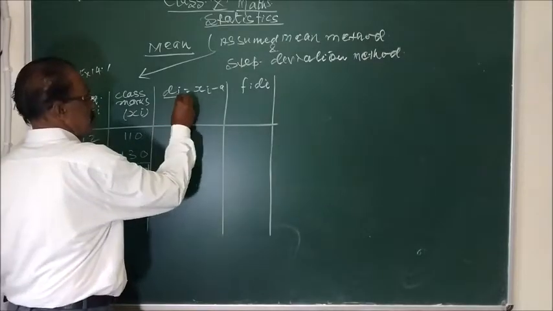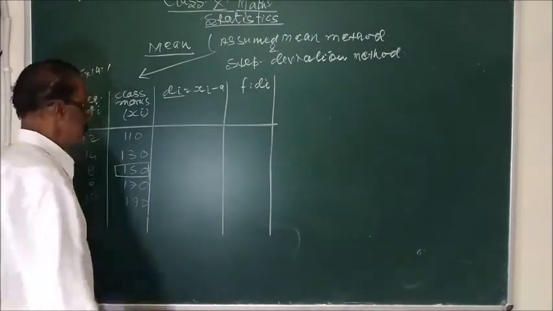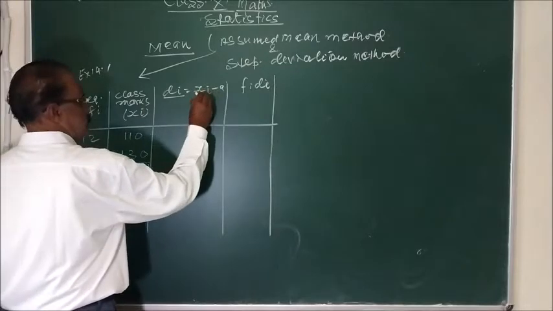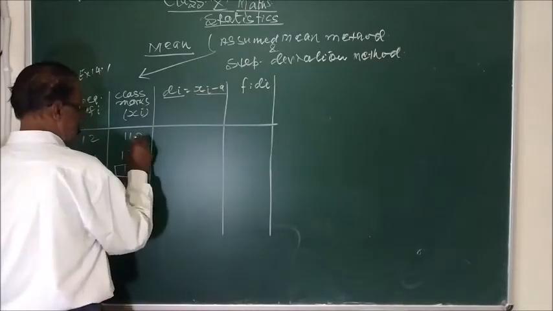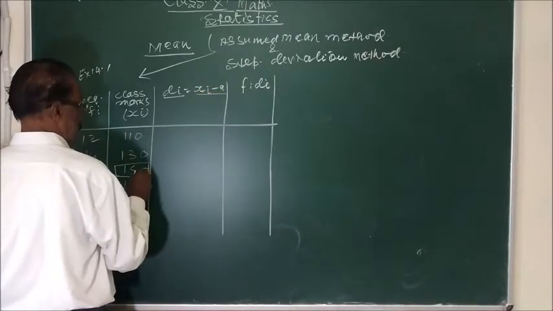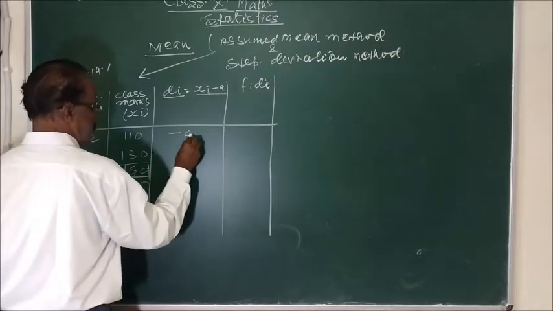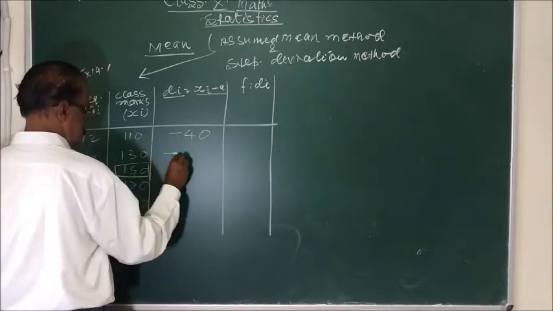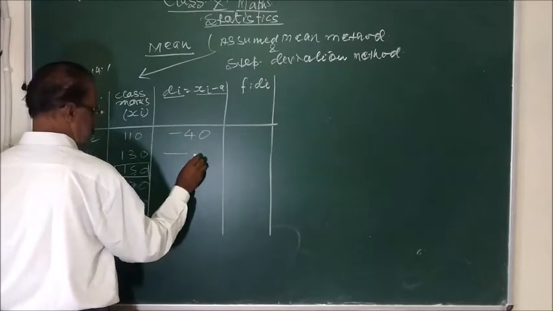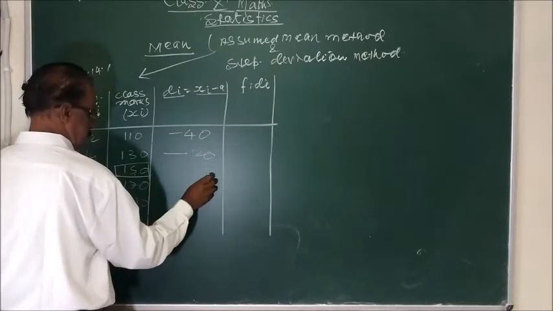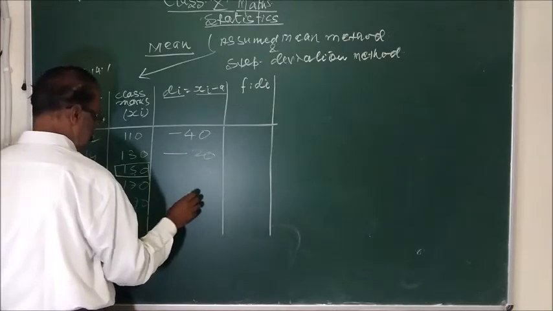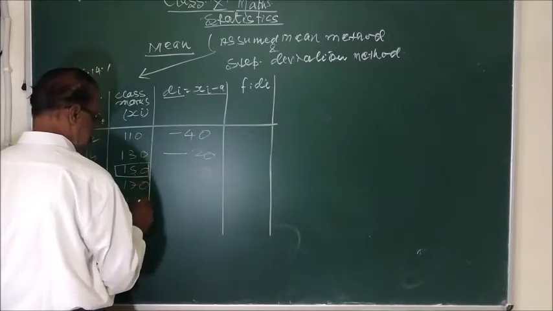Now you see di, this is called deviation. So deviation means xi minus a. 110 minus 150, so this will be minus 40, and this will be minus 20, and this will be 0. And now here there will be positive values.